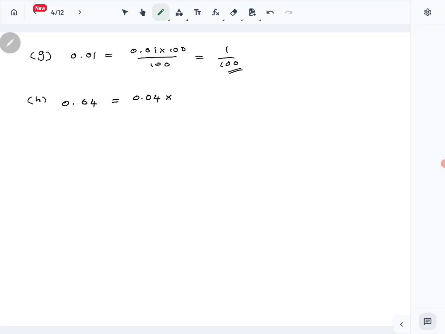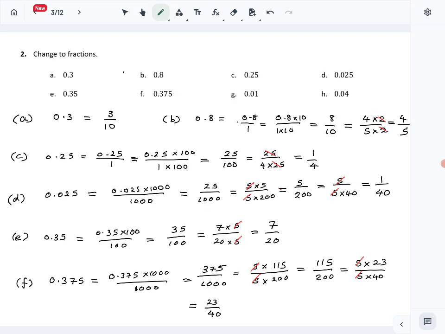Multiply numerator by 100, denominator by 100. So this turns into 4 over 100, which is what? 2 over 50 or 1 over 25. Right. So that's how you convert decimals to fractions by hand.